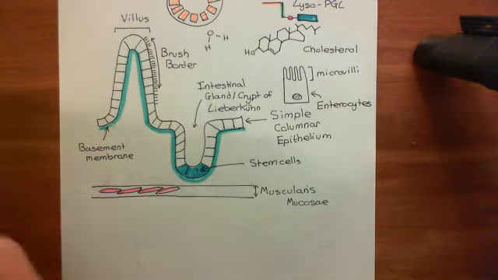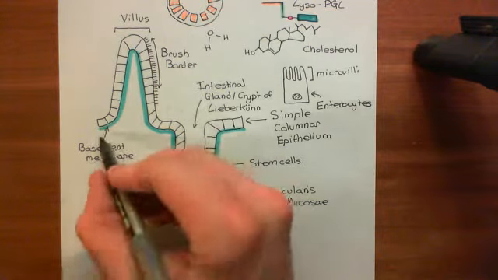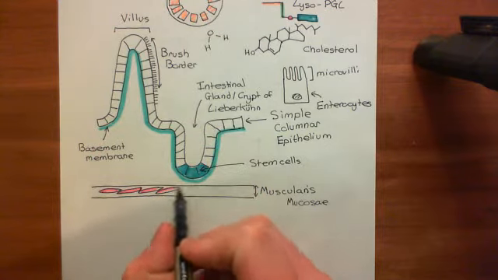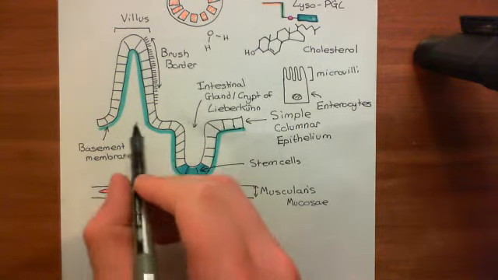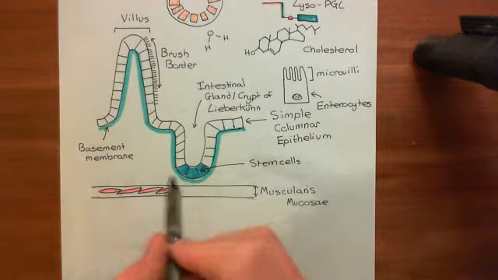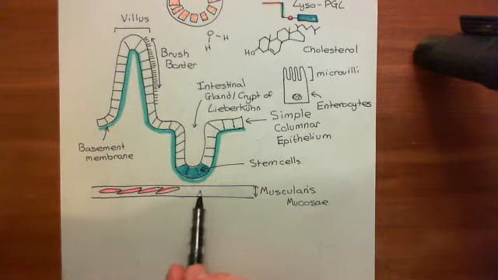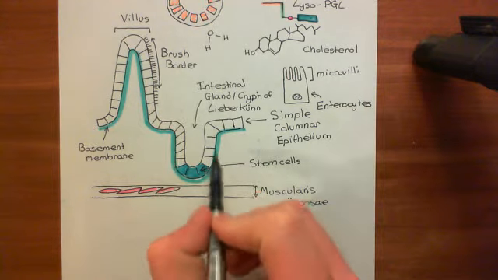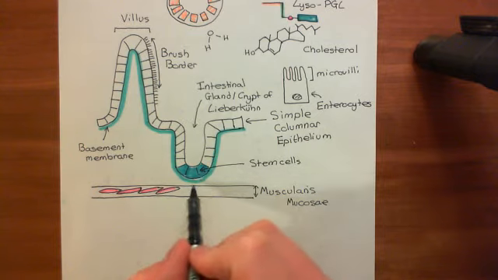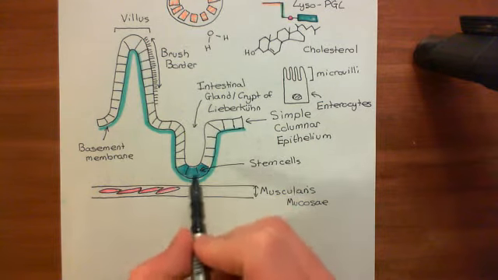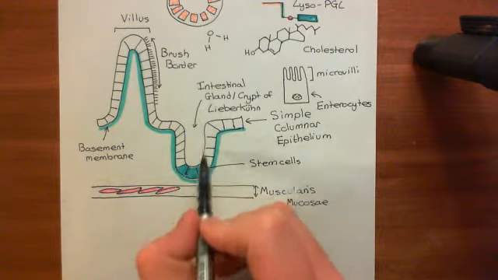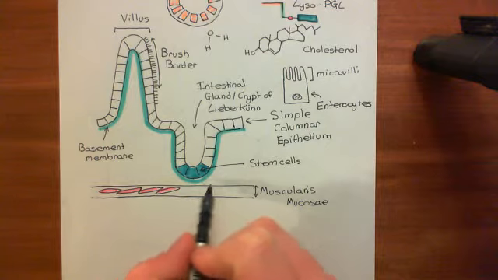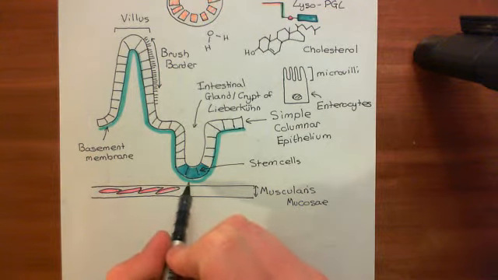And now we can show the lamina propria. The lamina propria is all of this gap between the basement membrane and the muscularis mucosae beneath. Hopefully you can appreciate that the lamina propria has varying thicknesses. If we're talking about a portion where there is a crypt of Lieberkühn, such as here, then the lamina propria is very thin because you've got this invagination of the epithelial cells and the basement membrane inwards towards the muscularis mucosae, which hugely reduces its thickness.